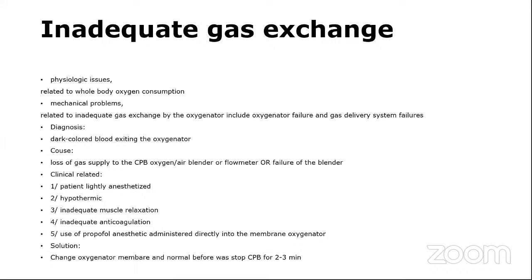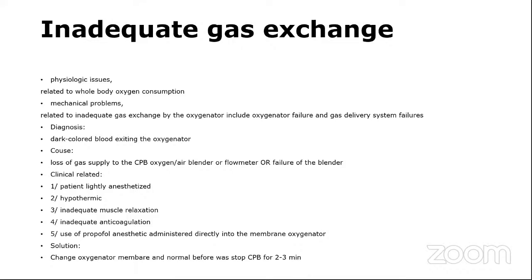Clinically related, the patient is sometimes lightly anesthetized, so he will require more oxygen, or is hypothermic. Also, if he has inadequate muscle relaxation, this is all the anesthesia part. Also if he is inadequately anticoagulated, a clot will form after we have started cardiopulmonary bypass, affecting the oxygenator membrane.